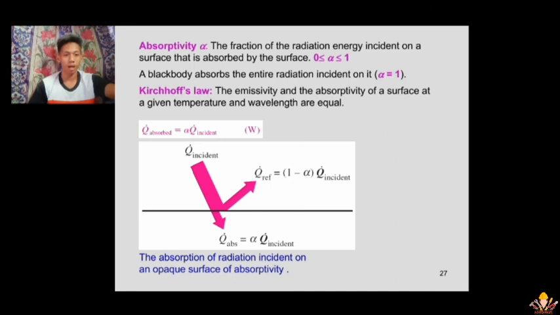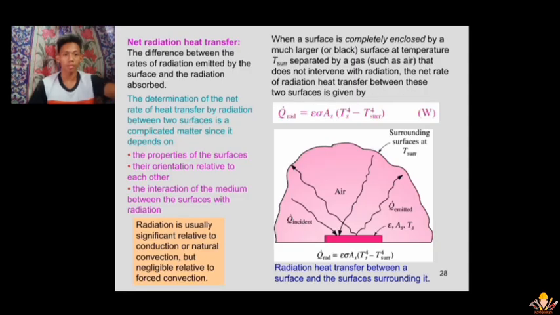The absorption of radiation incident on an opaque surface of absorptivity. Net radiation heat transfer is the difference between the rates of radiation emitted by the surface and the radiation absorbed. We have the equation of the net radiation heat transfer, and the unit is watt.